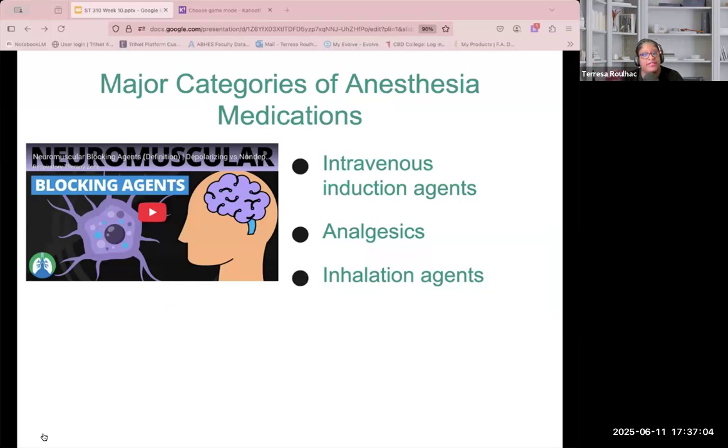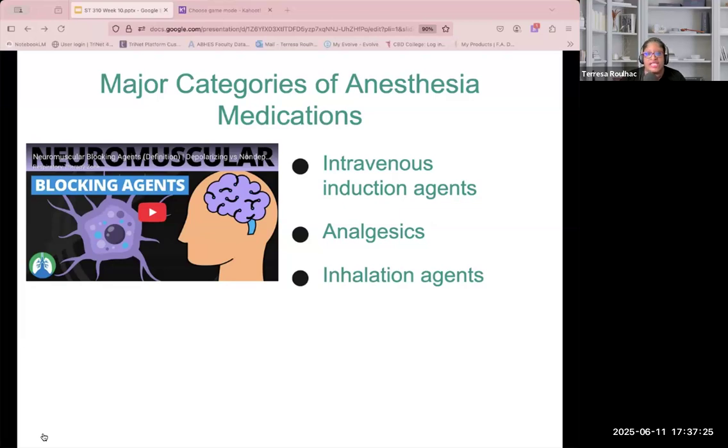But there are different types of anesthesia medications. When we look at intravenous induction agents, these are the ones that are given at the start of anesthesia. Propofol. Sometimes we'll give a Versed to give them a little bit of amnesia. We have analgesics.